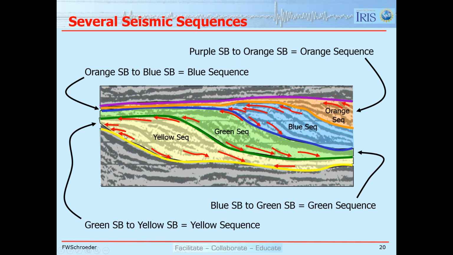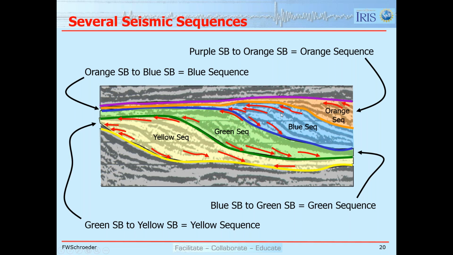At some point in time, you're going to figure out which boundaries are regional and important, and then you start to color code them. So I have the yellow boundary, the green boundary, the blue boundary, the orange boundary, the purple boundary. And so if this is the green sequence boundary, the depositional system sitting on top of that would be the green sequence.